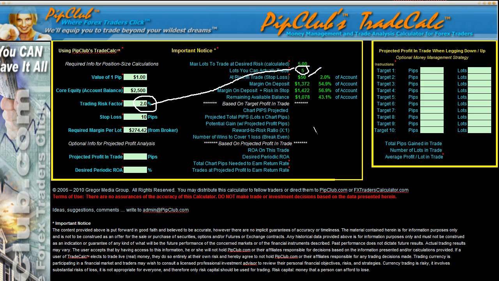Not only will we have $50 in our stop loss in case we get totally run out, but it shows us that we have $1,372 we have to pay in deposit, for the margin, in order to put those 5 lots into the trade. It's essentially the 274.42 times the 5 lots in the trade. It gives us that margin.